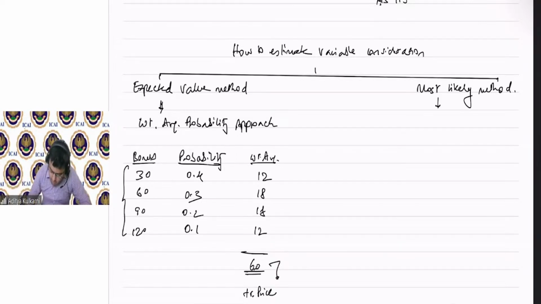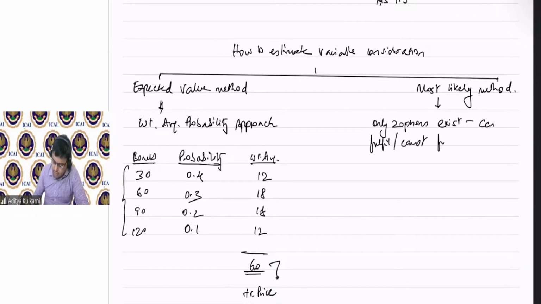When I talk about the most likely method, only two options exist. And what are those two options? Can I fulfill or can I not fulfill?